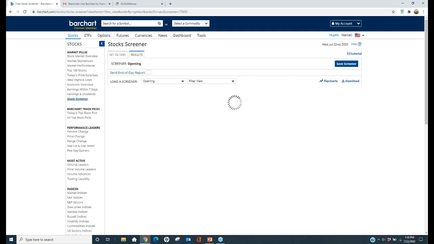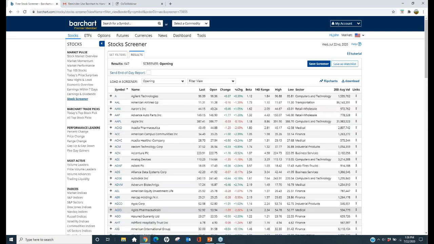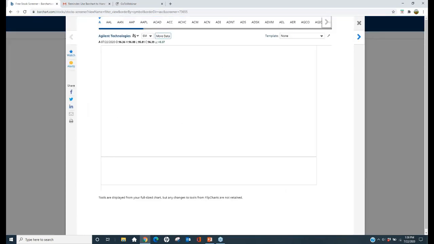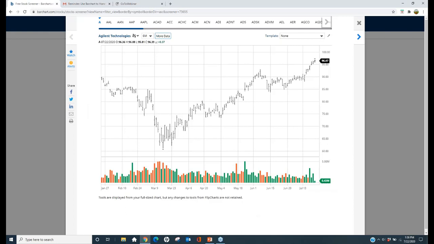This is a large net, and I have 647 stocks in here. Now I could go into the flip charts and just start looking for that price pattern recognition, okay?